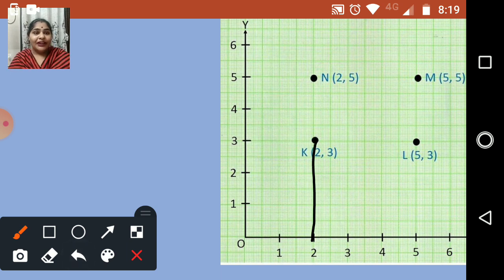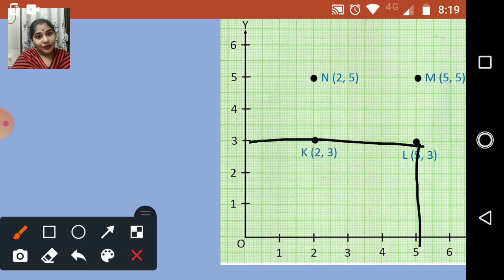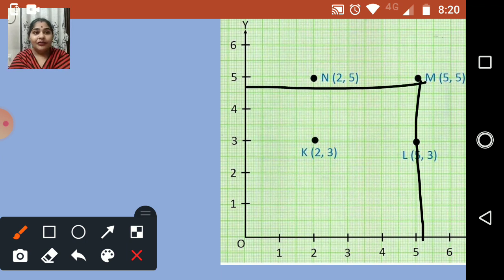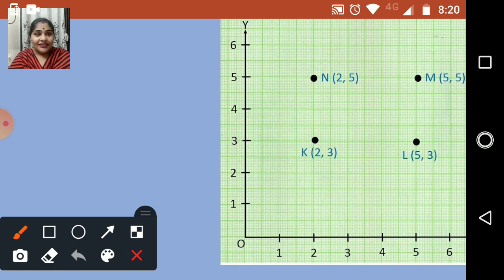Then L is 5 on the x-axis and 3 on the y-axis. Next, M is 5 x coordinate and 5 y coordinate. The last point N is 2 on the x coordinate and 5 on the y coordinate. So these are the 4 points you will get. After plotting the 4 points, this will be your graph.